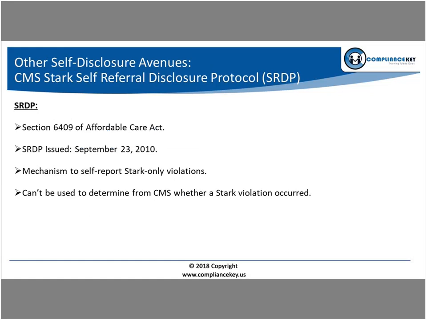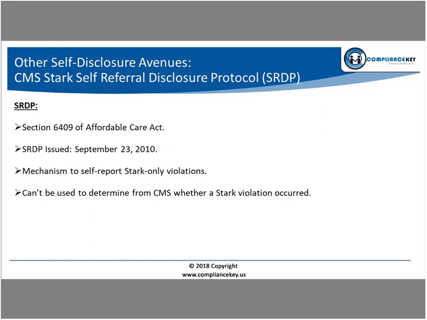It was issued back in 2010, and it can't be used to determine from CMS whether or not a Stark violation had occurred, and I think that's just something to point out. And we'll talk a little more about the nuts and bolts of the self-referral disclosure protocol later as we go on.